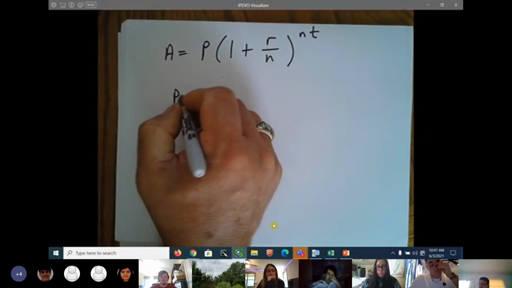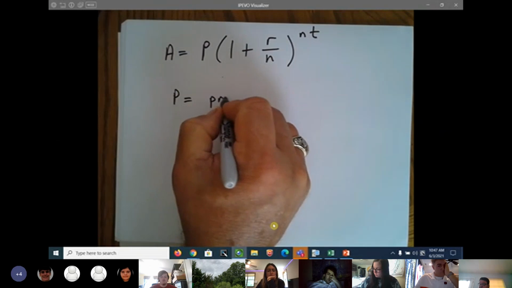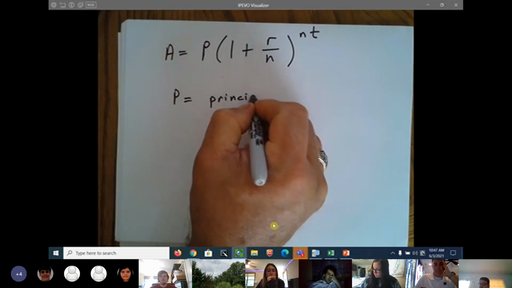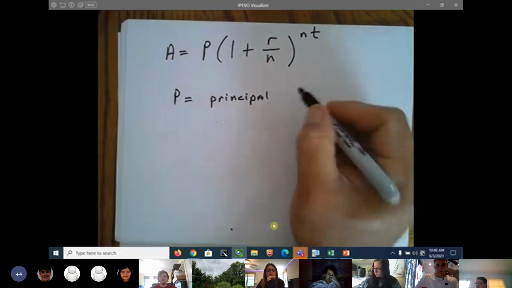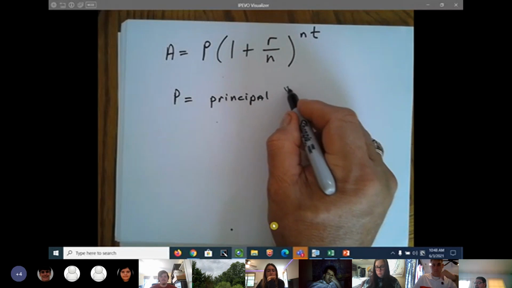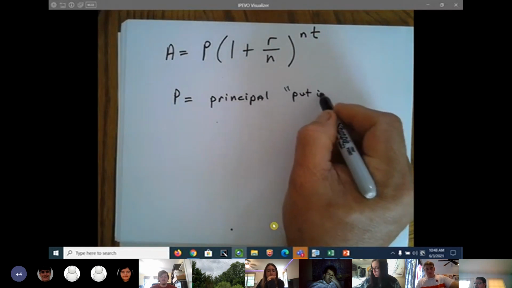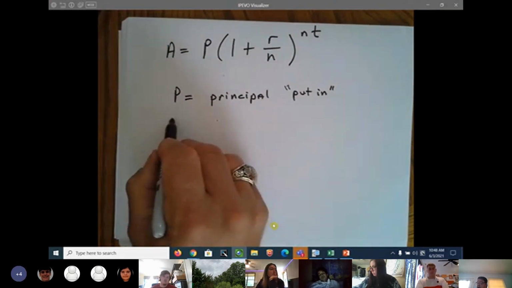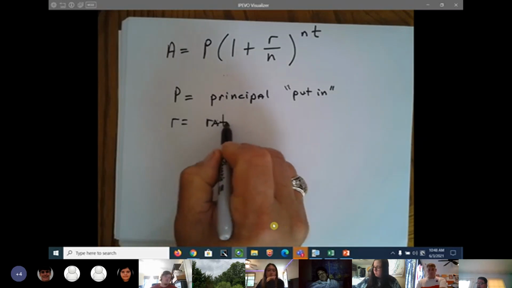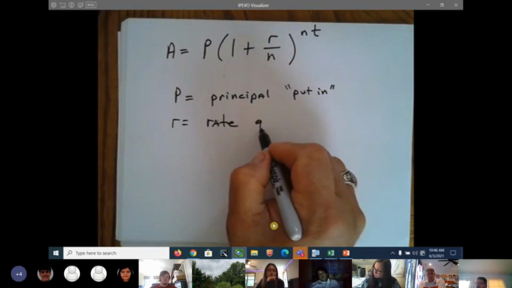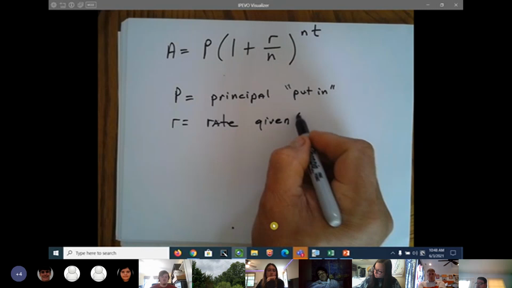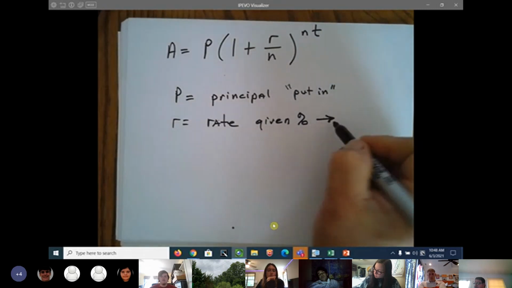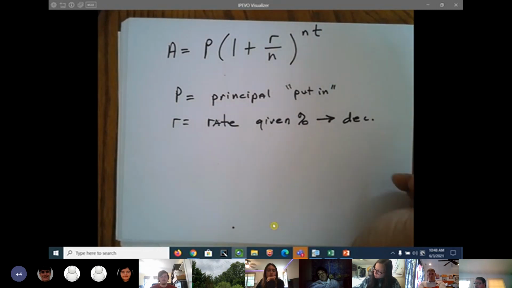P is the principal. Did I show you all this? I think I did. That's what you put in. Somebody was supposed to tell me yes or no if I showed y'all this. Yes. Okay. R is equal to the rate, which is given as a percent, but you change it into a decimal.